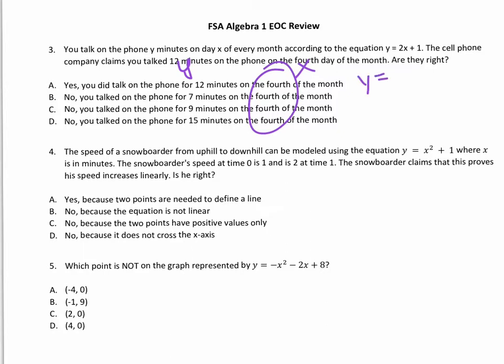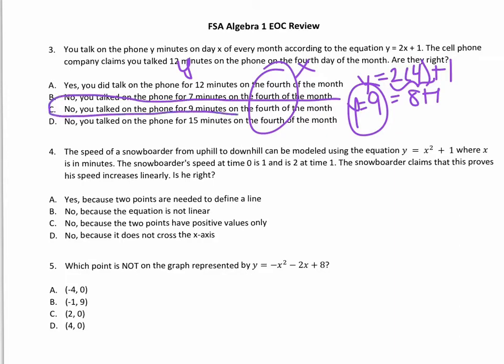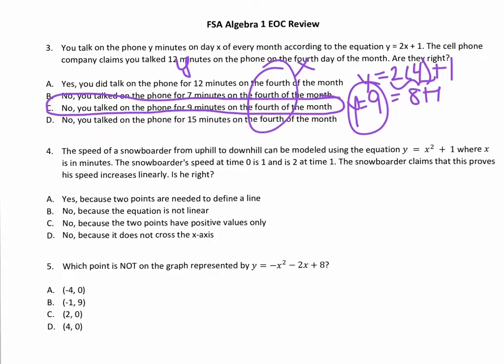Y equals 2 times 4 plus 1. Well, 2 times 4 is 8 plus 1 is 9. So Y equals 9. So you would talk for 9 minutes on the 4th day of the month. So they are wrong.